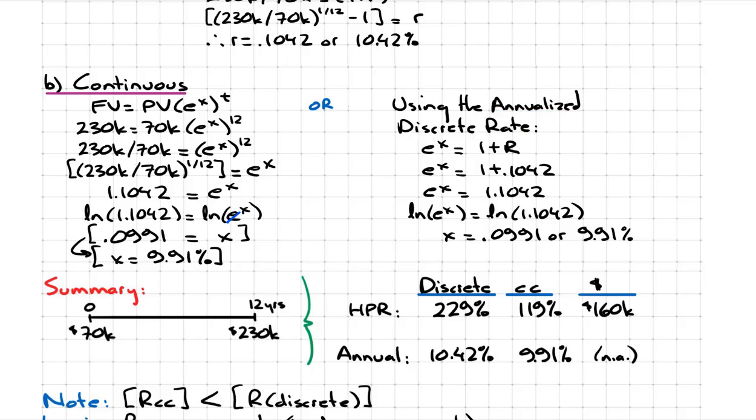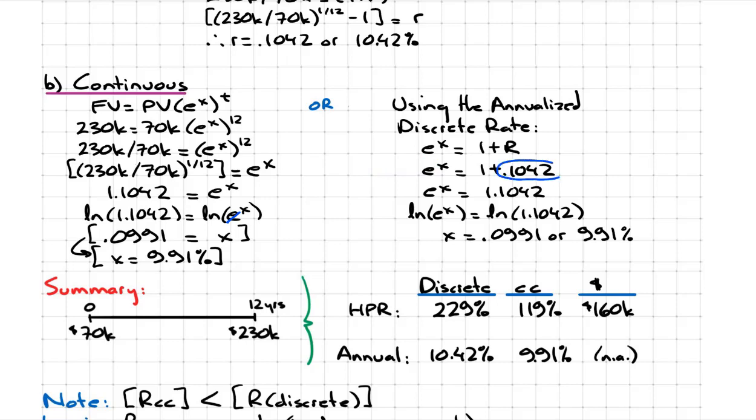So there's our framework again. That's the equality between the continuous and the discrete rates of return. Since we already have the annualized discrete rate, we can just plug that in, and then we can get the annualized continuous rate. So there it is.